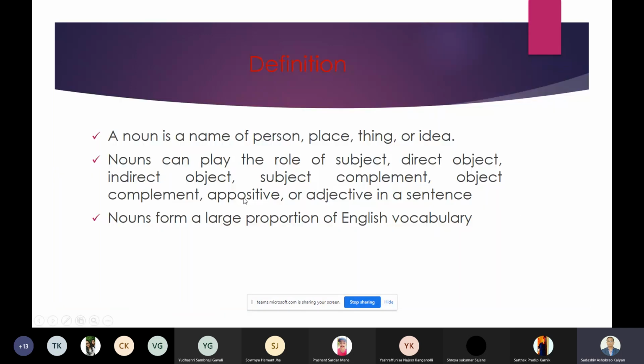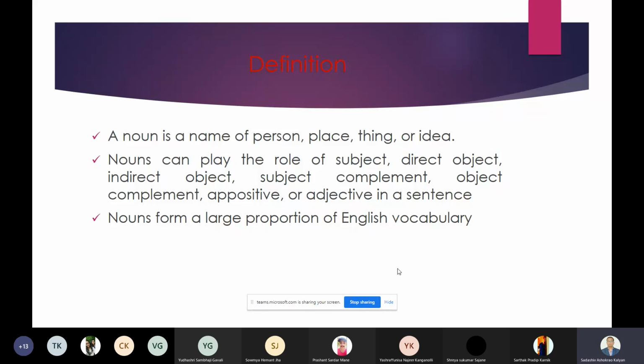As we can see here, the definition defines the noun, and we can see how the noun functions at various levels in our sentences and paragraphs. Our noun can be the subject, the direct object, the indirect object, subject complement, object complement, or adjective in a sentence. These are the various functions of the noun that we can see.